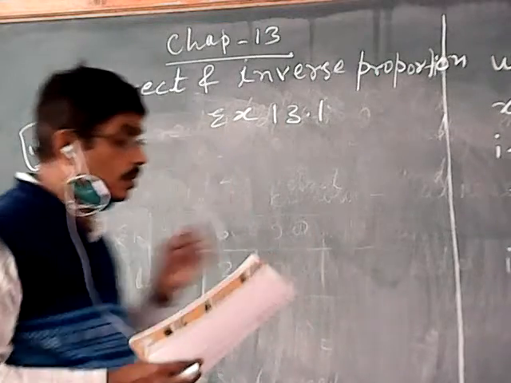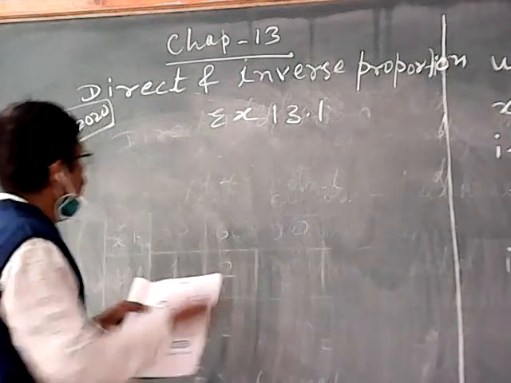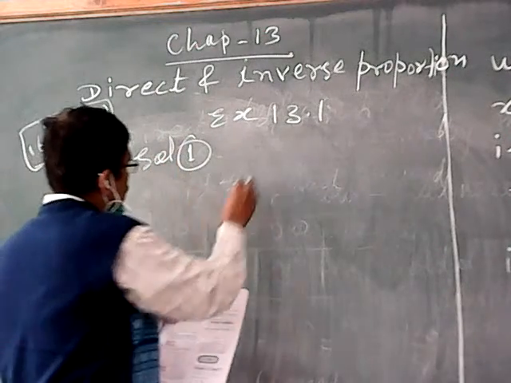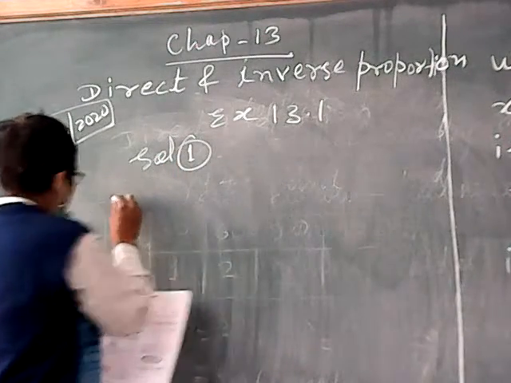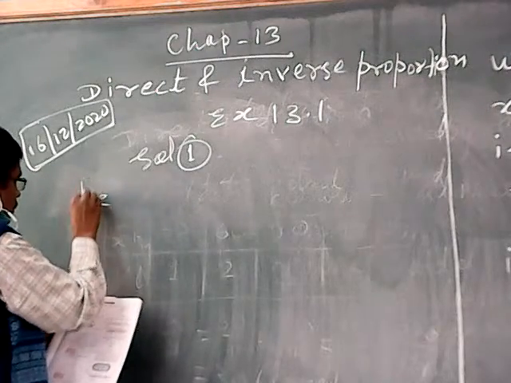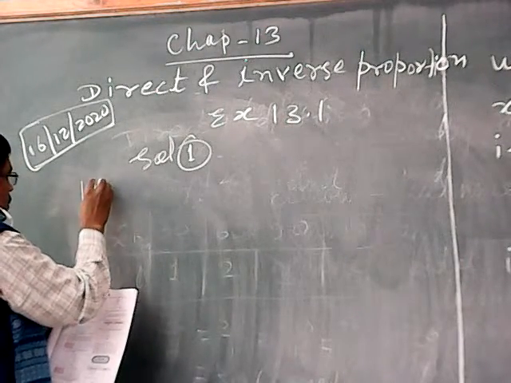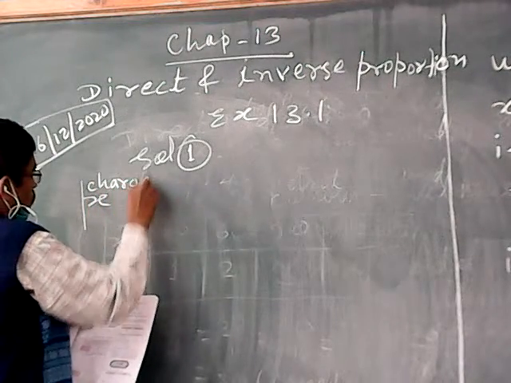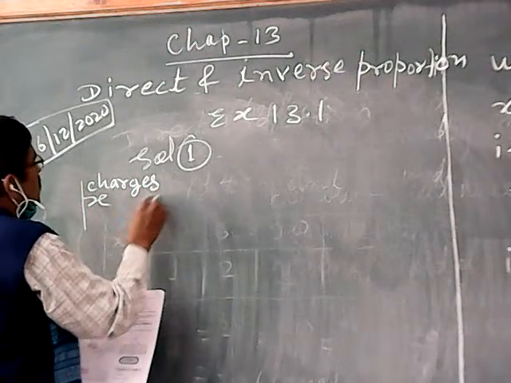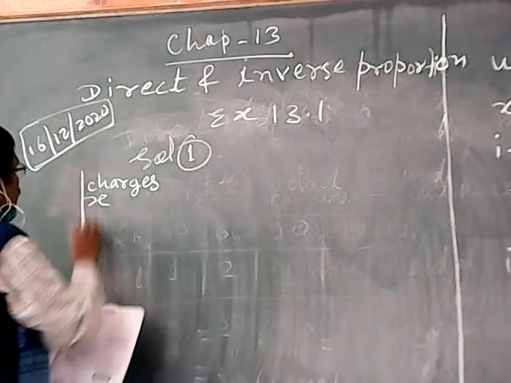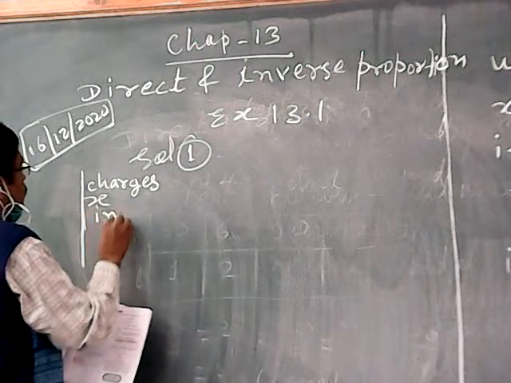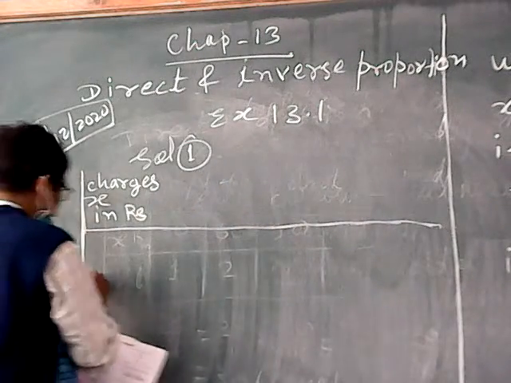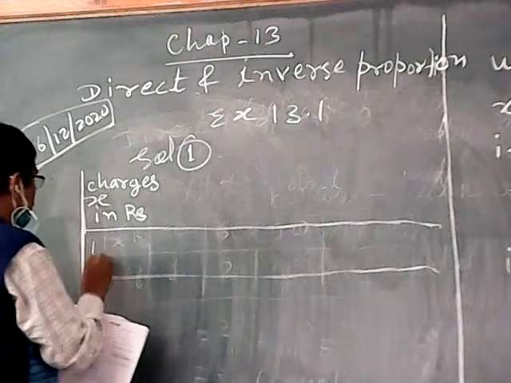So rupees, you can take as x. Solution: x is charges, and here it is time.